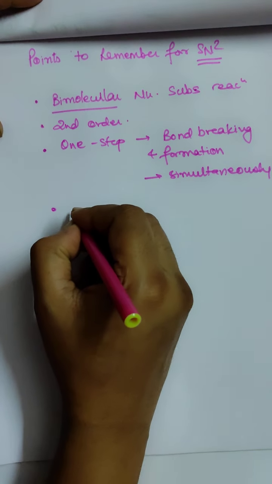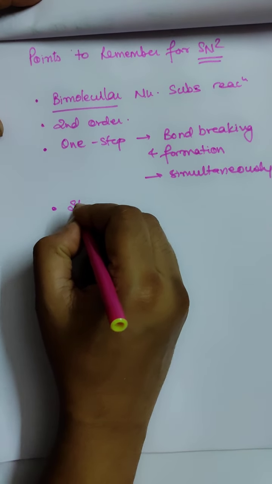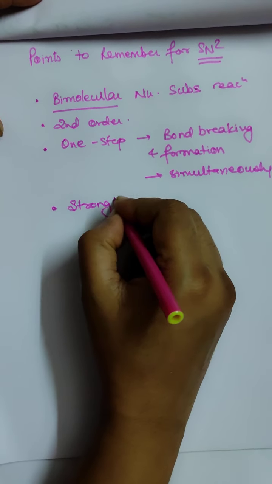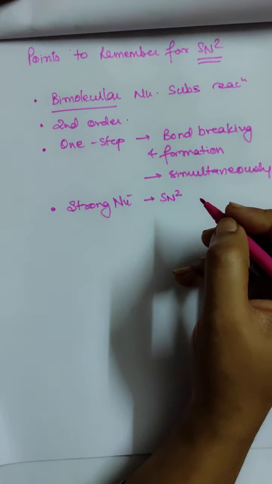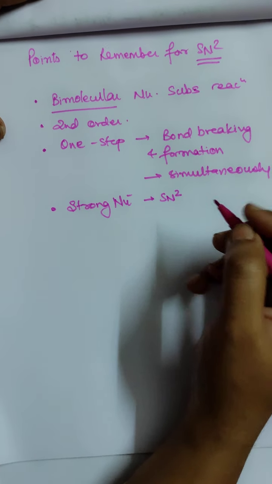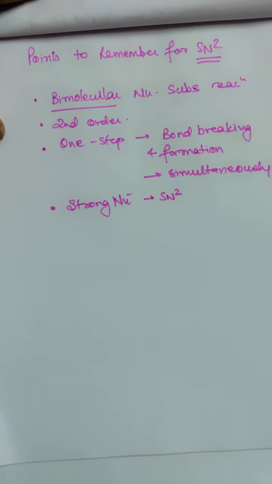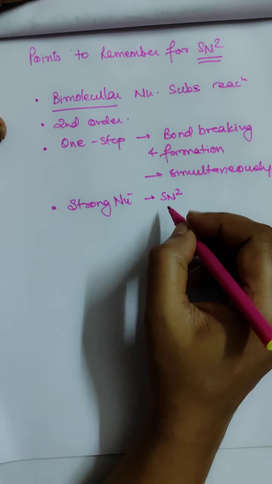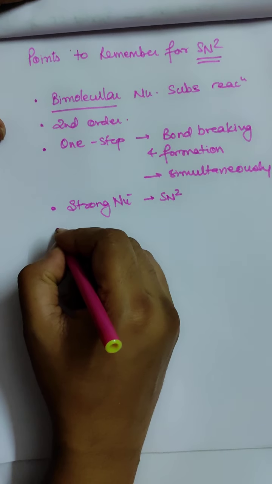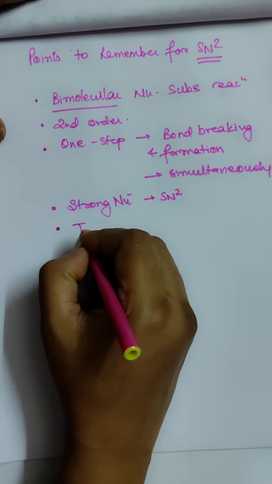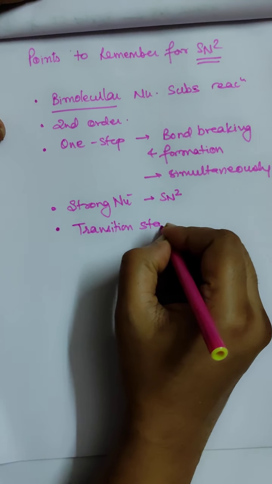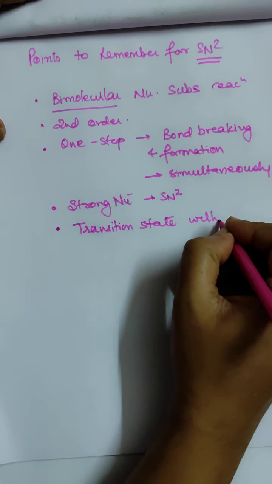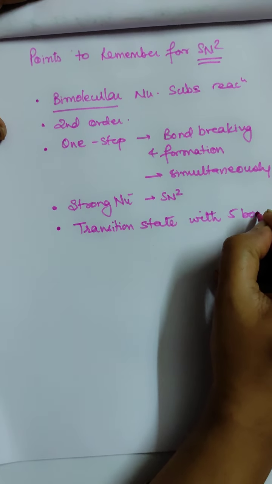Okay, then next point that you have to keep in mind is a strong nucleophile always favors SN2. These nucleophiles do not have the patience to wait for the bond to break, so they attack the reactant immediately and they give the SN2 mechanism. It has a transition state with 5 bonds.